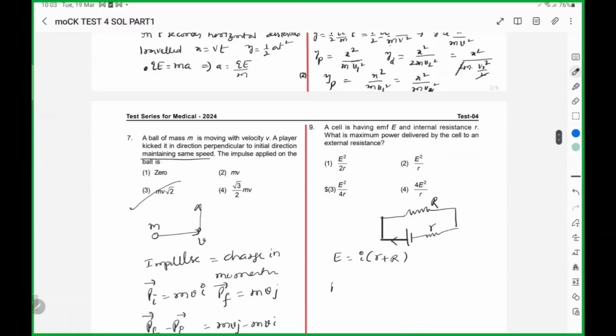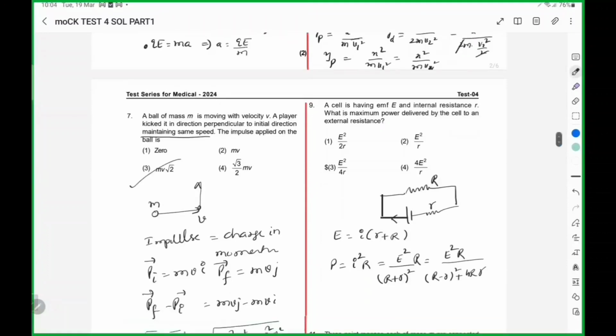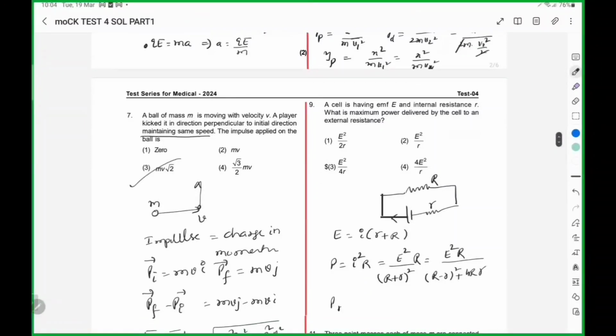So the power delivered is I square R. External resistance is fixed. This we can write. So power is maximum if the denominator is minimum.